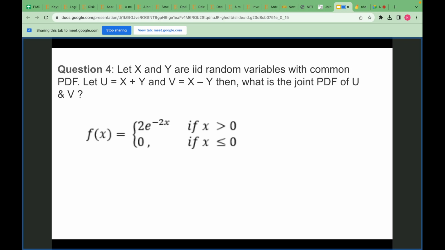In the previous classes we discussed how to find the distribution of the functions of a random variable.